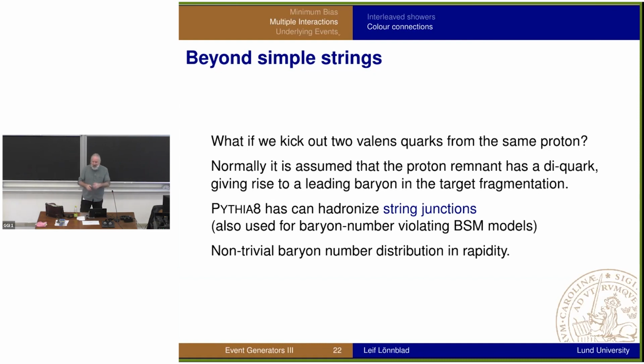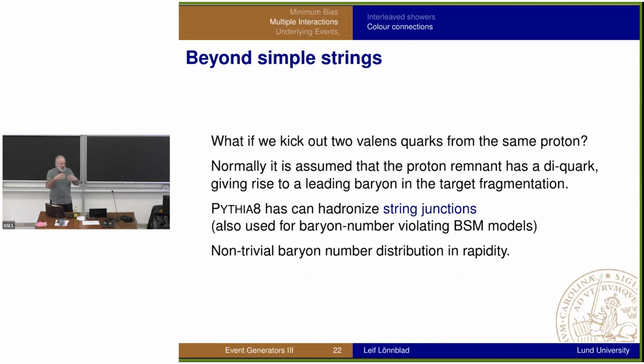If you take out a valence quark, then you can have something like a diquark on the other end. Diquarks are nice, maybe. But if you kick out two valence quarks, then you have one color going that way and one color going that way and one color going there, and then we have one of these junctions we talked about before, where you take three colors out of a baryon.